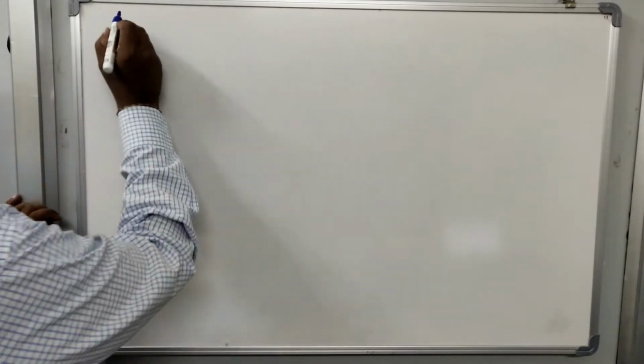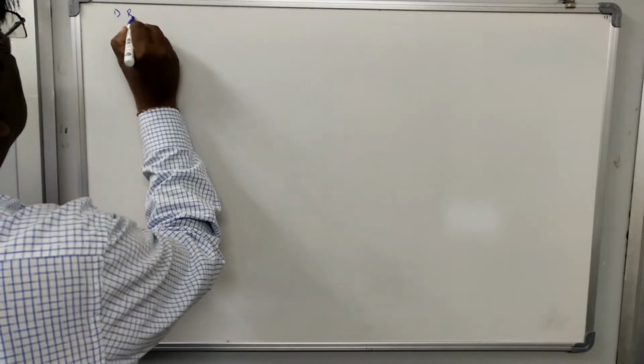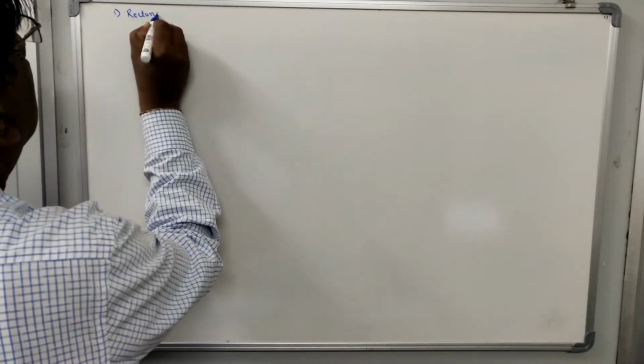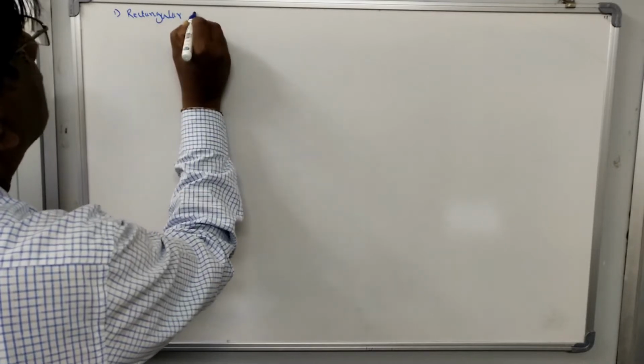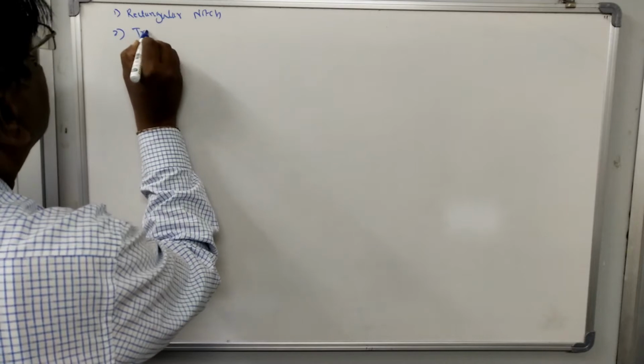In the last class, we discussed flow through a rectangular notch and a triangular notch.